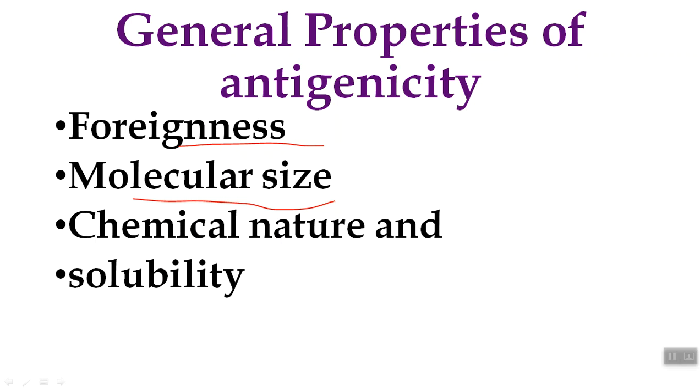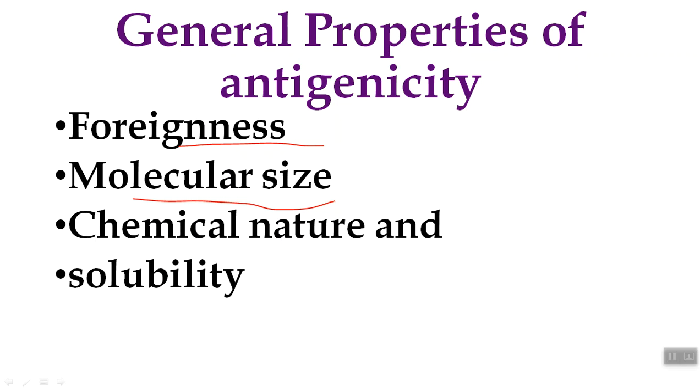The best antigens usually have a molecular weight of approximately 100,000 Dalton. This is a general assumption, but to consider a substance as an antigen, the minimum molecular weight is usually 10,000. But there are certain exceptional cases also.